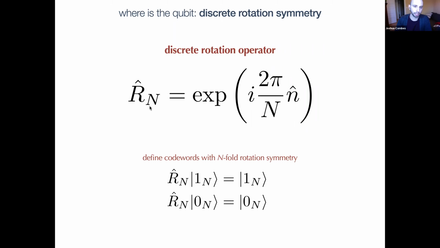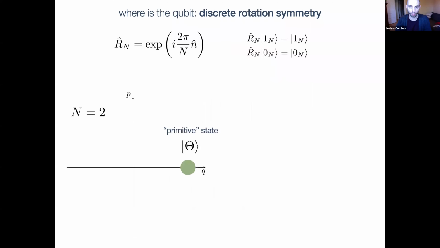It's indexed by this integer n, which specifies the level of symmetry. So if n equals 2, then you have a twofold rotation symmetry. And this is very much like a stabilizer in qubit codes.